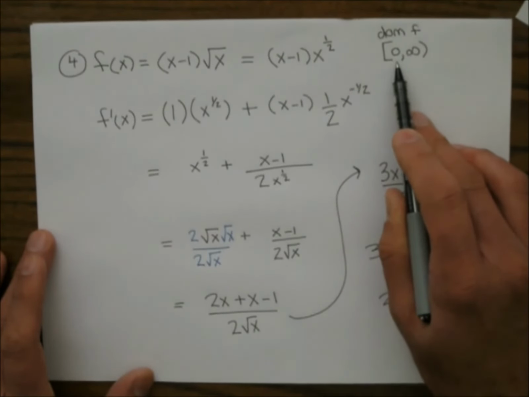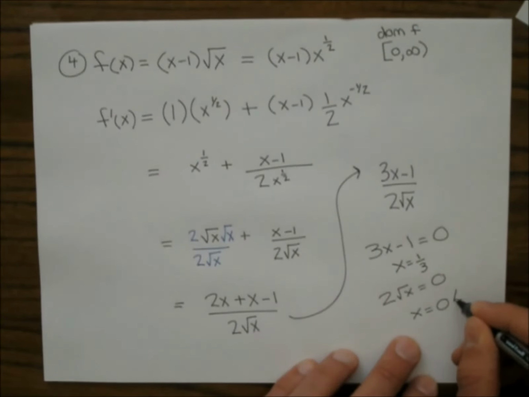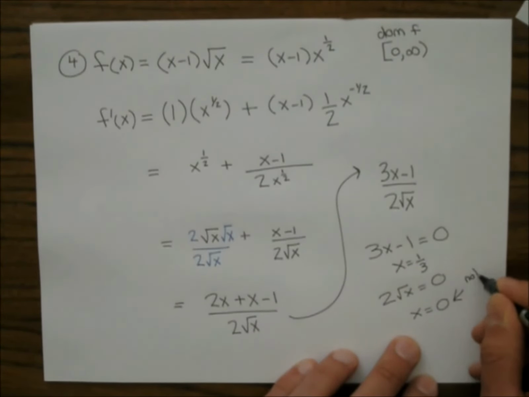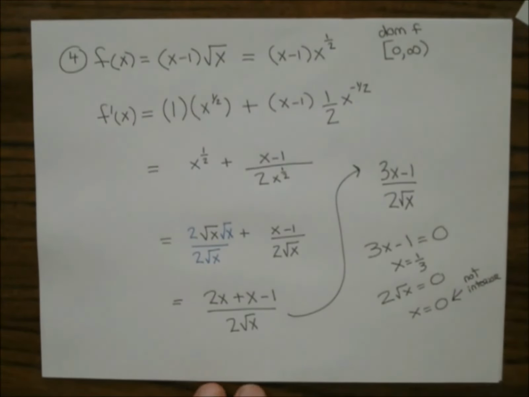We never use that word, but that's a word some math teachers will say. He's on the frontier or on the boundary. So this guy is not interior. And so that means we have to throw that guy away.